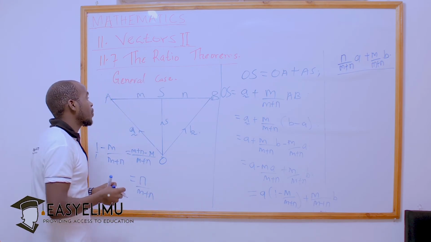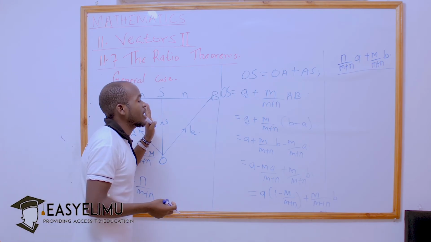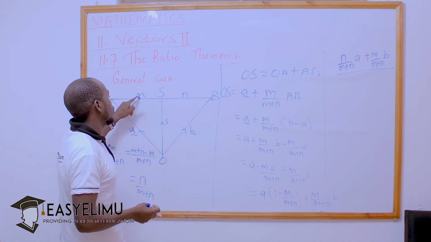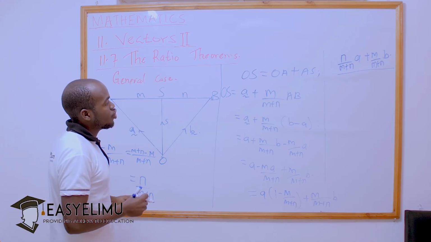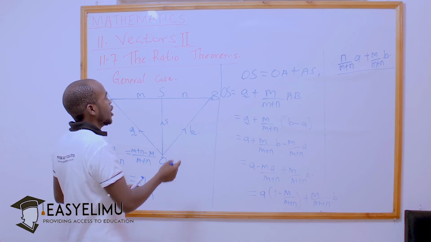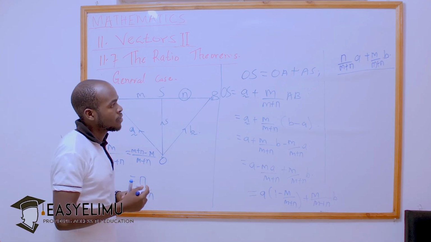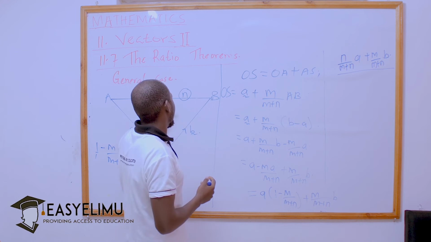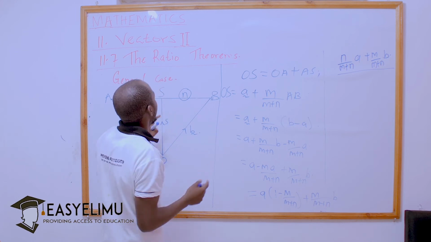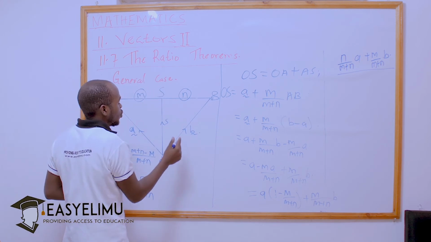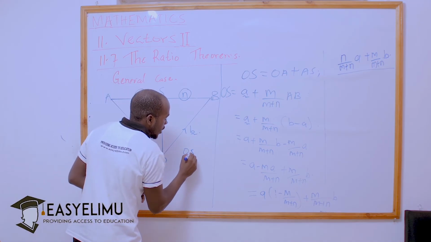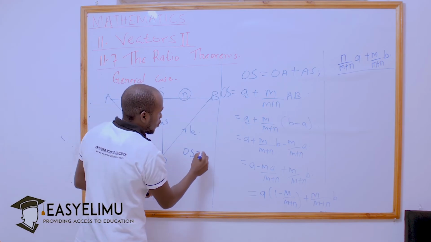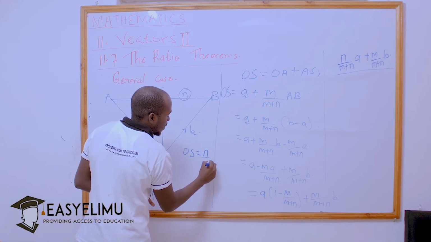That is the ratio theorem, and that is what we can use in calculation of S with reference to A and B, where the ratios are m and n. So you can see what happens if you have n here and you have m here. In case you want to find S in terms of A and B, then OS will be equal to n over the total ratio, which is n over m plus n.